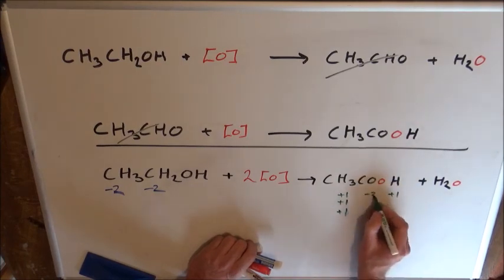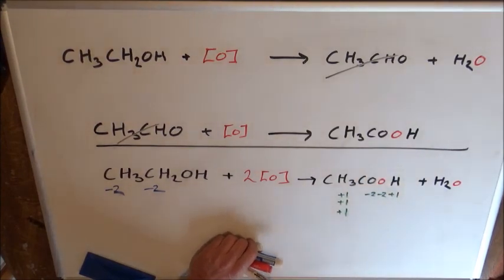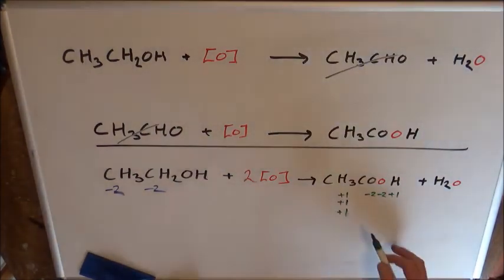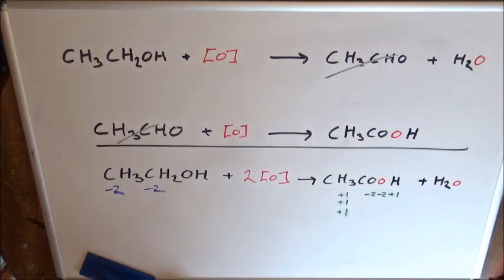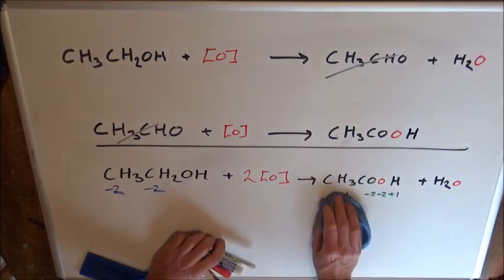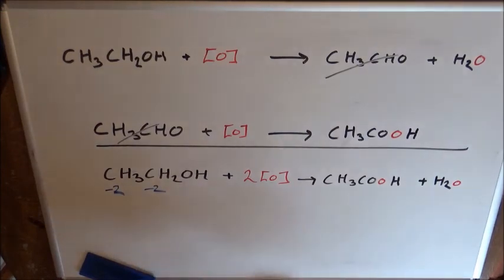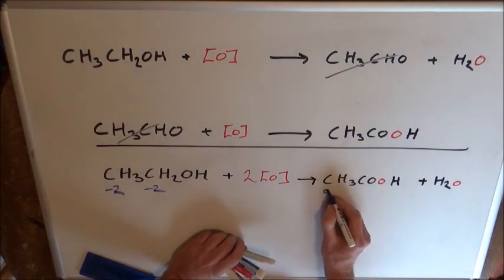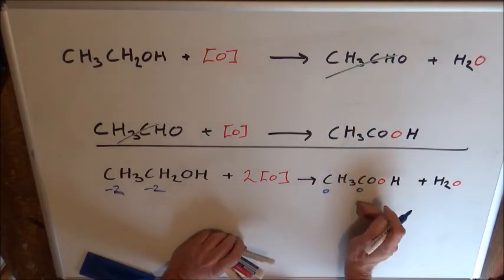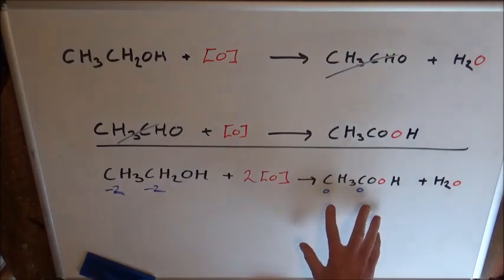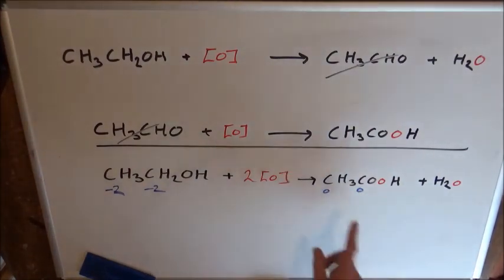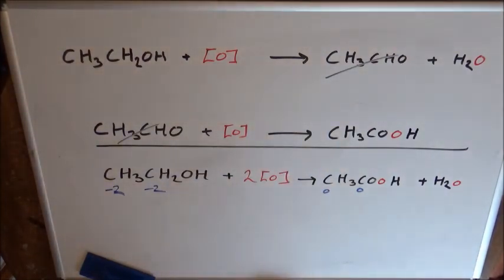We've got -2 and -2 for the 2 oxygens, so that lot adds to 0. So the oxidation number of the carbon is 0. So again, it fits our definition of oxidation, because the oxidation number is becoming more positive. Going from -2 to 0 is in the positive direction.